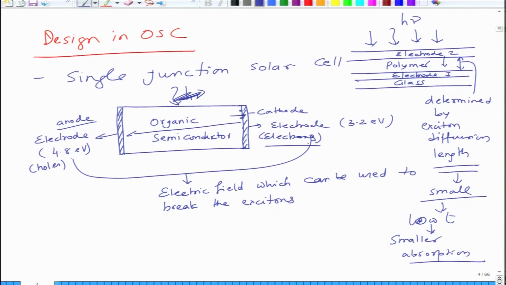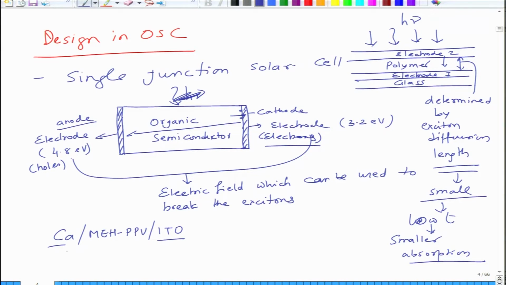Okay. So the main problem with this device is lower efficiency. For example, you can make a device between calcium and MEHPPV, which is a polymeric material, a phenylene based material, PPV, and ITO. So ITO is one electrode, calcium is another electrode. ITO has a work function which is higher as compared to calcium.